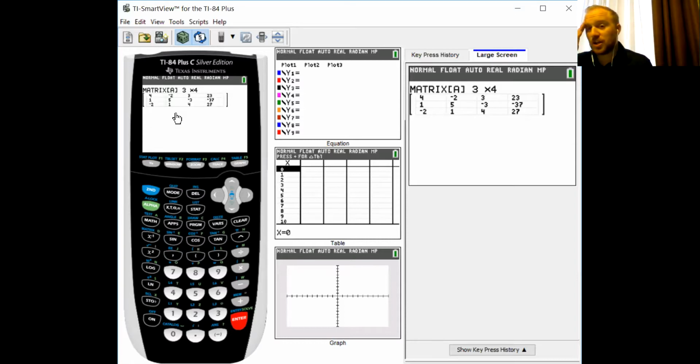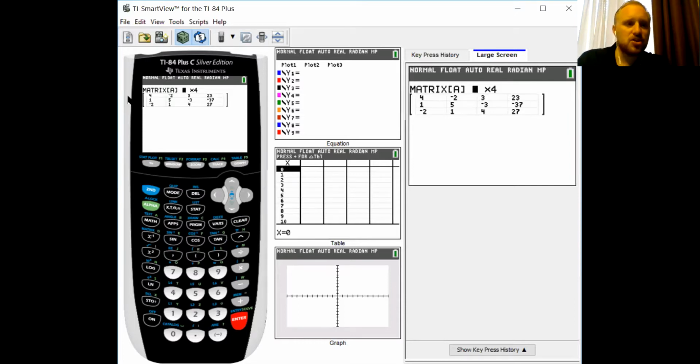So for the first equation, it was 4x, so I just put in a 4. Then -2y, I put in a -2. And then 3z, so I put in a 3, and then it was equal to 23. Now, when you put in negatives, make sure you use the negative key, which is down here underneath the 3, and not a subtraction sign. Because by putting a subtraction sign, it's going to come out with an error message. So try not to do that.